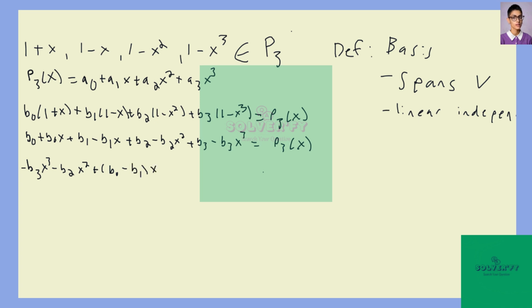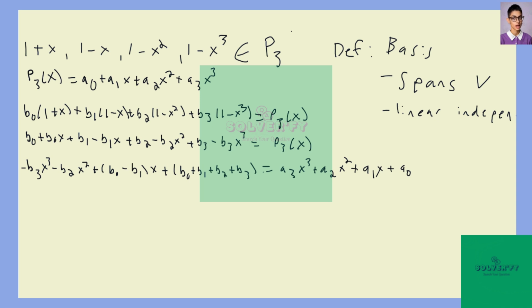And then we have four terms of degree 0: b3, b2, b1, and b0. So plus b0 plus b1 plus b2 plus b3. And this has to equal a3 x cubed plus a2 x squared plus a1 x plus a0.